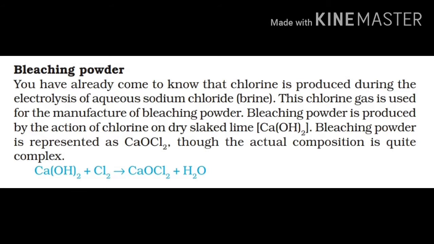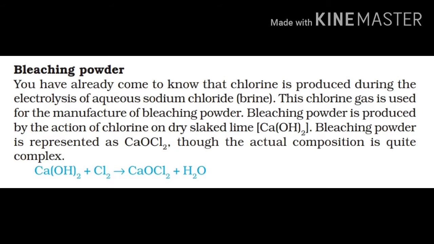Next one is bleaching powder. Its common name is bleaching powder, chemical name calcium oxychloride, formula CaOCl2. The chlorine which is produced during the electrolysis of aqueous solution of sodium chloride, that is brine, is used for the manufacture of bleaching powder.